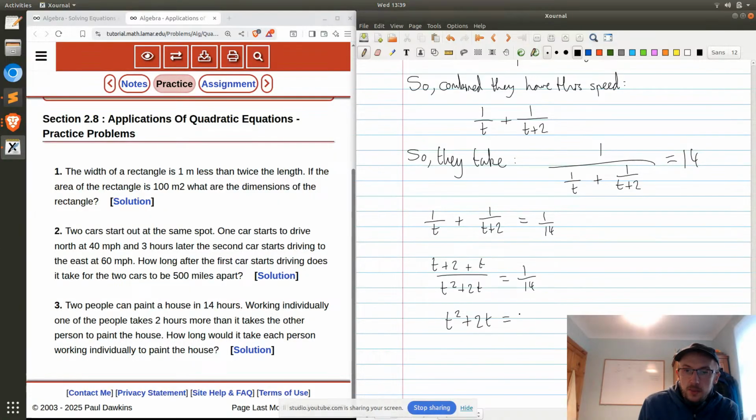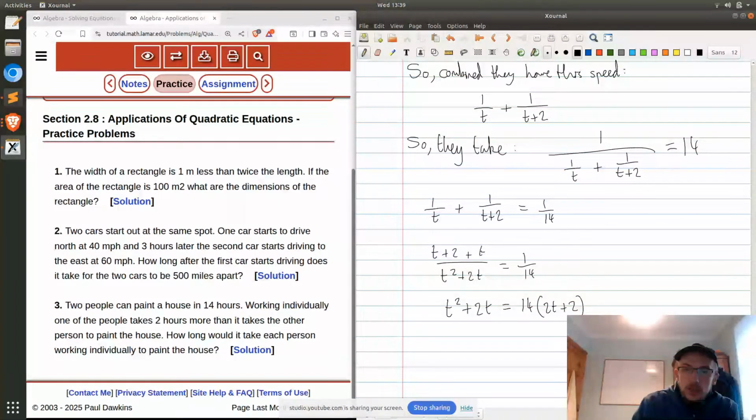That's 2T plus 2. And now what? Now it's a quadratic, isn't it? So that's 28T. Subtract that, and you get negative 26T. And that is 28, and you subtract it, and you get negative 28. And that cannot be solved nicely.